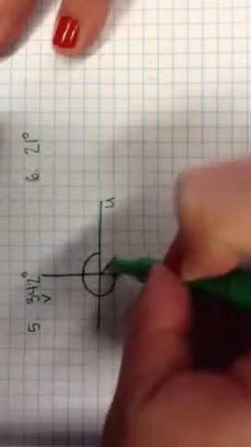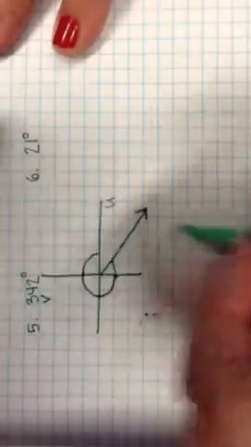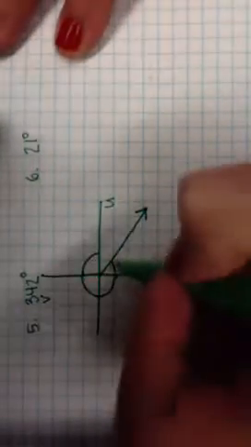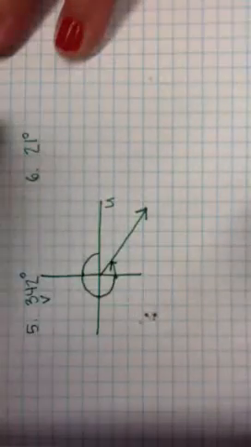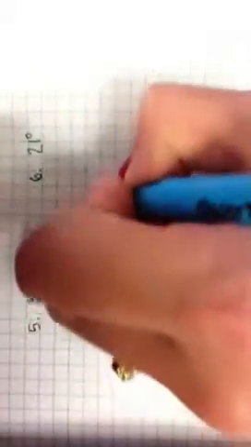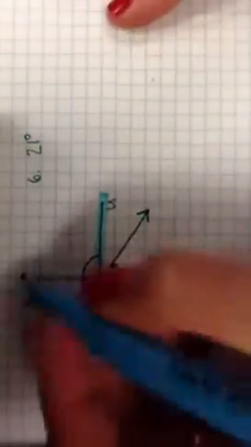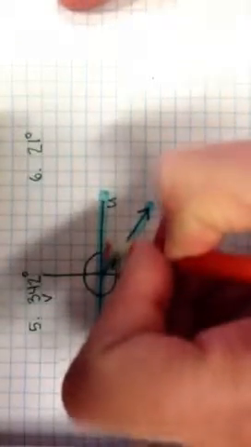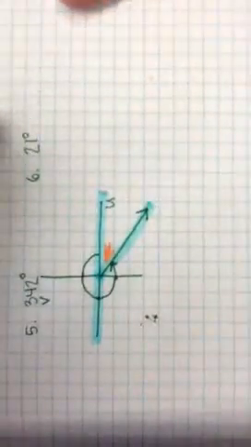So somewhere down here is my angle in standard position. And I went counterclockwise, so I went that way. My reference angle is between my x-axis and my terminal side, and it's the acute angle. So it's this space right here. So this angle is in quadrant 4.